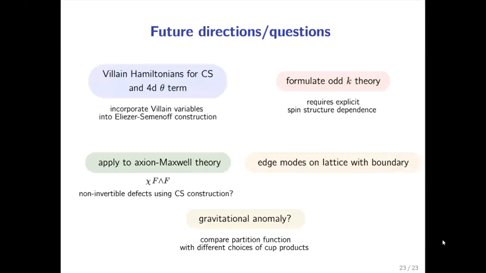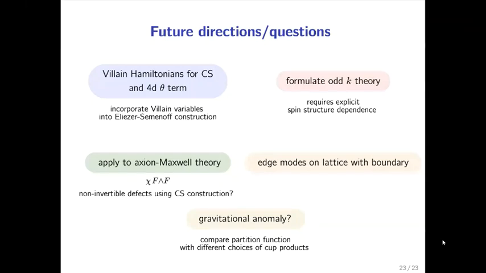They construct a canonical formulation of Chern-Simons theory, really with R gauge group, non-compact, but they do it in such a way that there are no extra zero modes on the lattice. So that's a natural starting point. And the goal would be to incorporate these Villain variables to make manifest large gauge invariance. We could do that both for the Chern-Simons term, but also for the theta term.